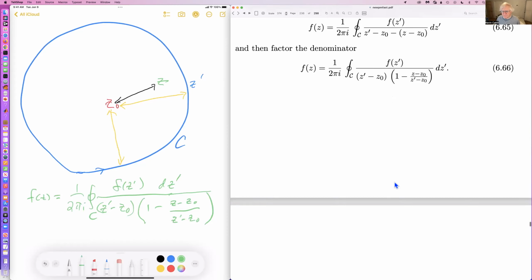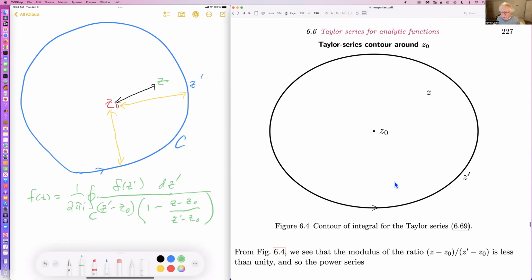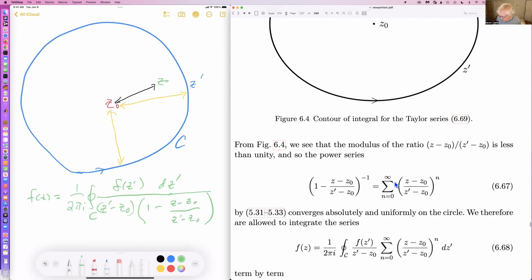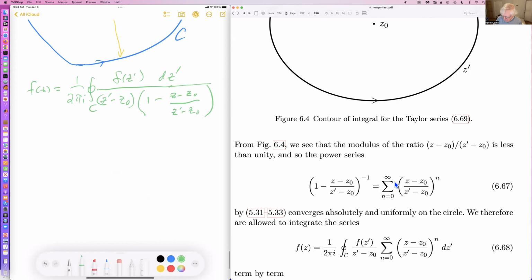Okay. So now what do we do? Well, what we do is we expand this denominator because it's of the form 1 over 1 minus epsilon. Of course, that's a sum of epsilon to the n from n equals 1 to infinity.